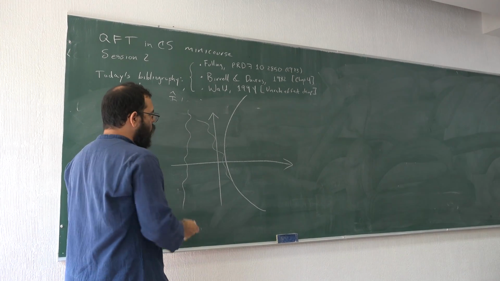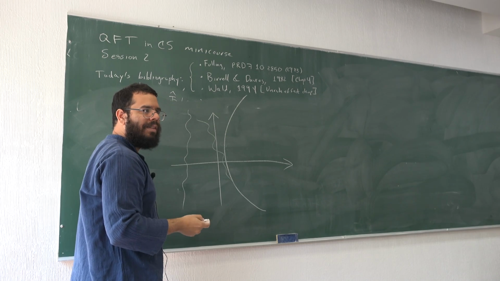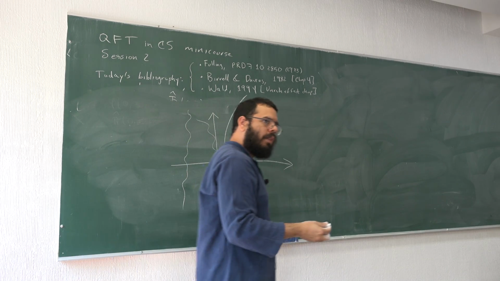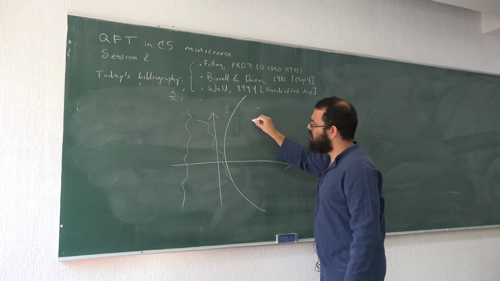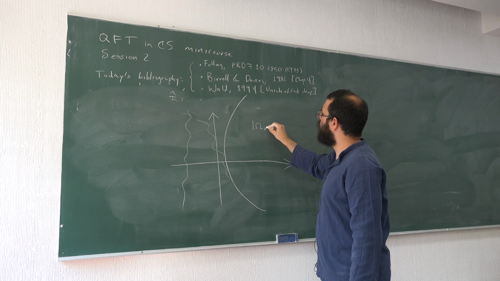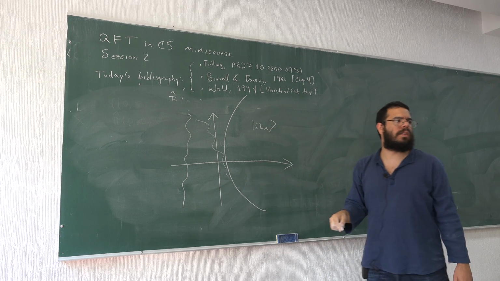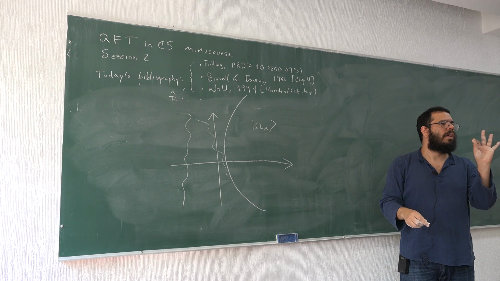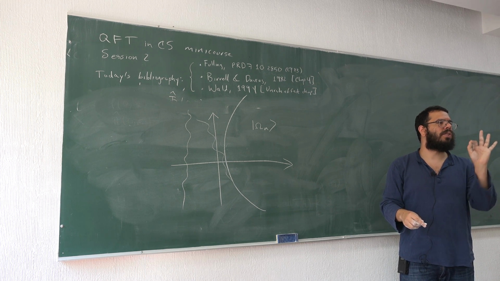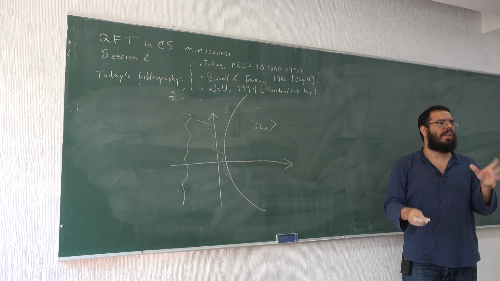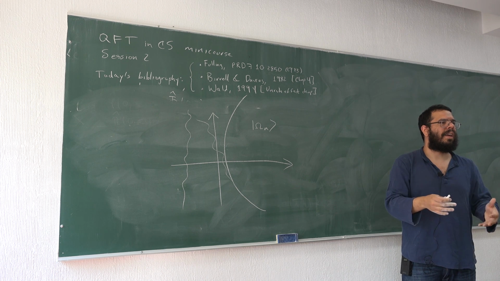And there is a concept that is called particle detector. You take the Minkowski vacuum, and you couple the field to some probe, which is quantum mechanical, typically with 2 degrees of freedom. And then you look at the transition probabilities in this guy.